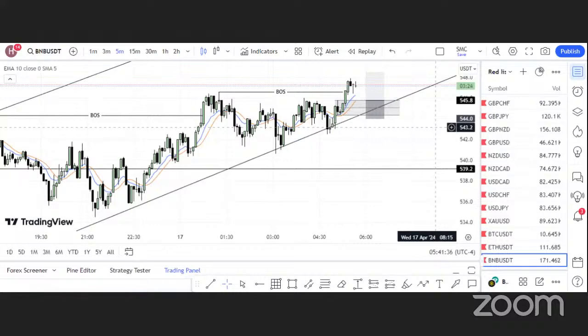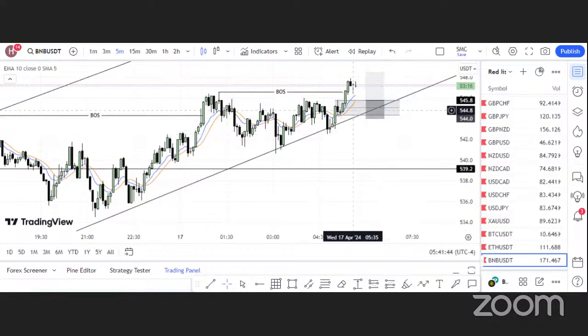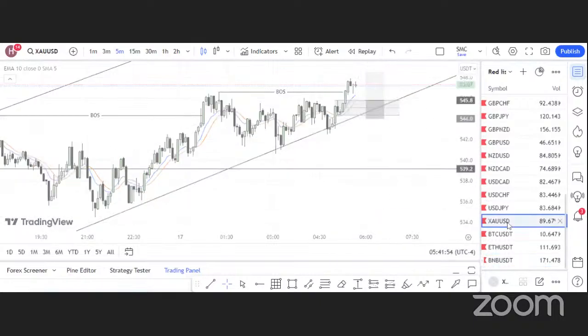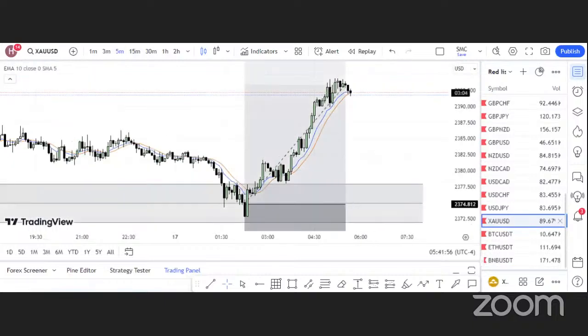So the market is still pulling down. Let's see what happens when it gets to this level. I think we have analysis on XAUUSD we were keeping tabs on.